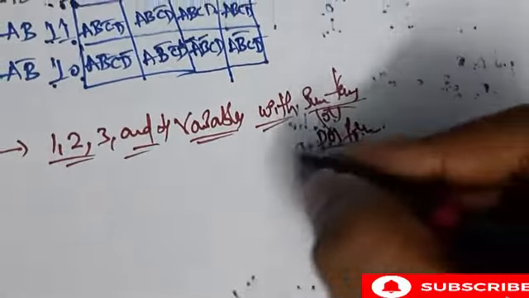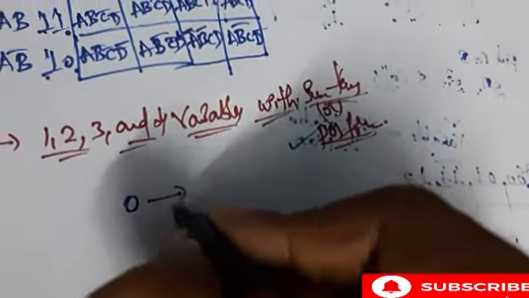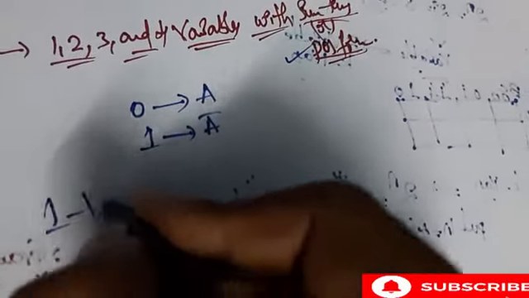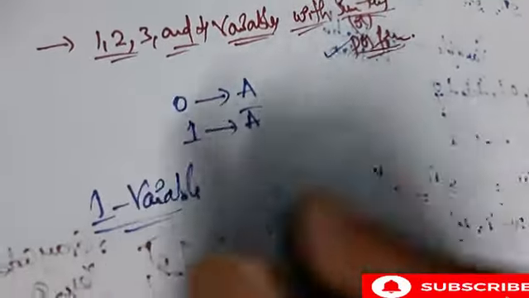In POS form, 0 will be represented as A, 1 will be represented as A bar. For one variable K map, 2 cells, this will be the 0 and 1. 0 will be represented as A, 1 will be represented as A bar.